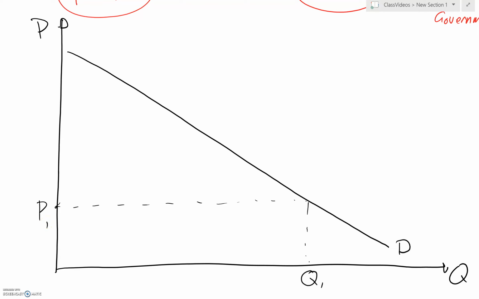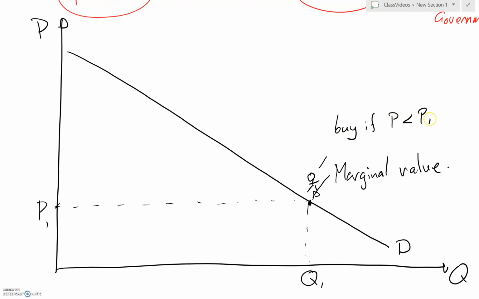But another interpretation of the demand curve is that it tells us that the marginal value of a particular unit is measured by the height of the demand curve. So you can think about this as there's a consumer sitting on this part of the demand curve who has that marginal value, and they're going to buy if they can pay less than P1, let's say less than or equal to, and not buy otherwise.